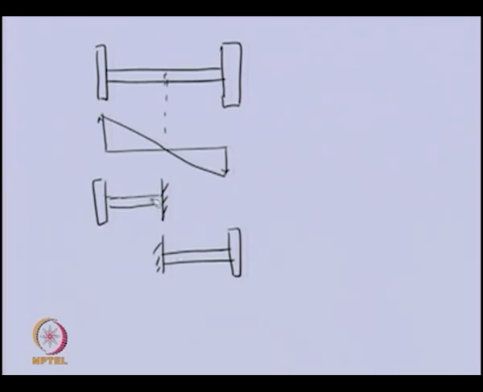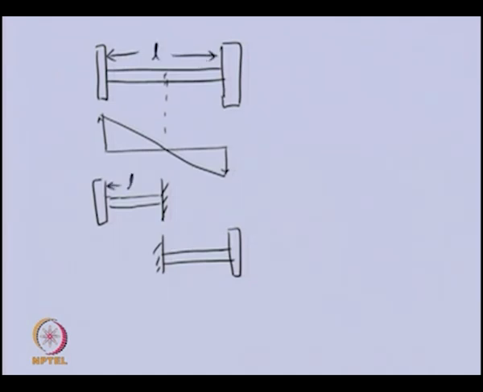So, these 2 systems which are equivalent to this will be dynamically the same only when the natural frequency of this system and this system are equal. So, that means if we have the length of the shaft, let us say L here.